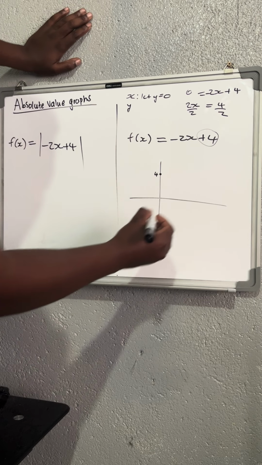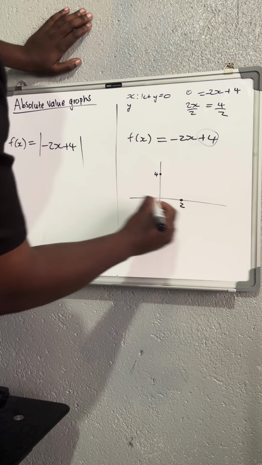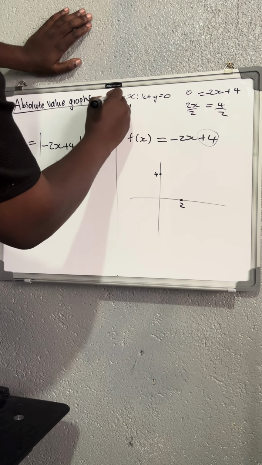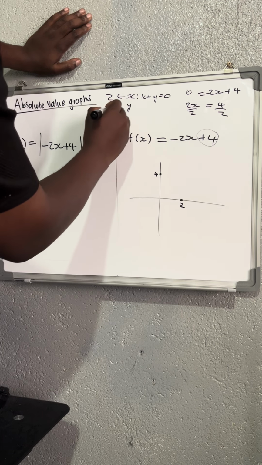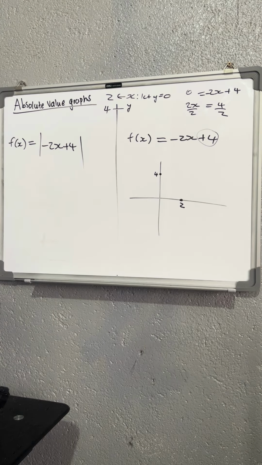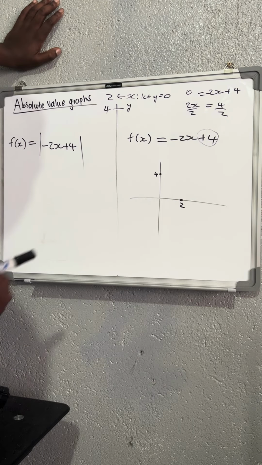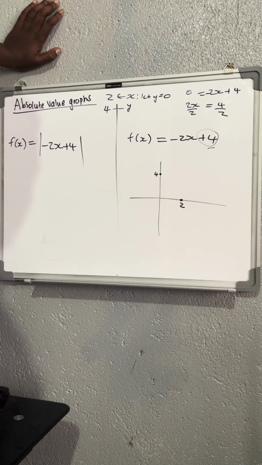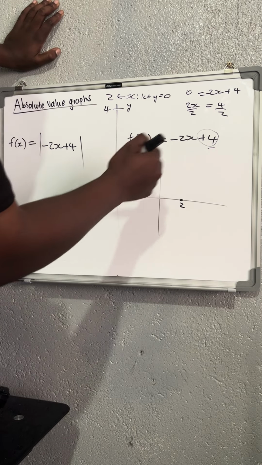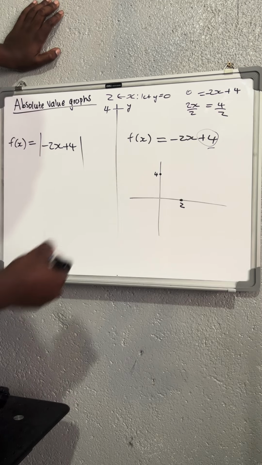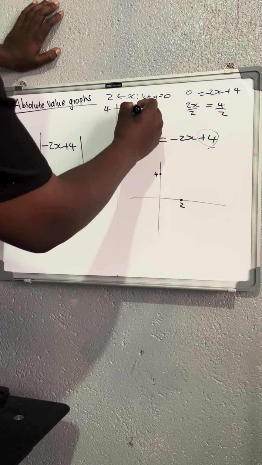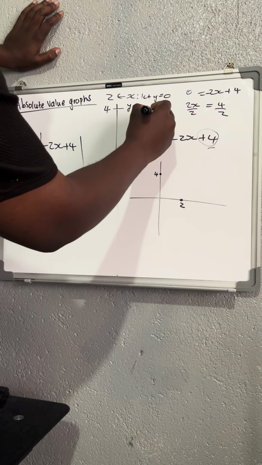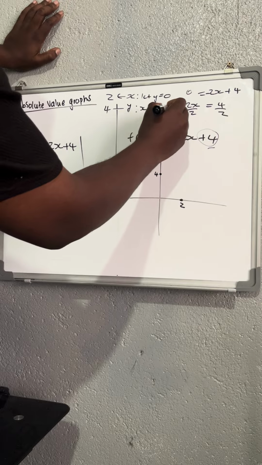Then your x is going to be 2. So here we've worked out that x is 2, y is 4. I'll just quickly show how I got this 4, or you can just read it from here. Since you're working out your y values, where I see my x values, I'm going to let them be equal to 0.